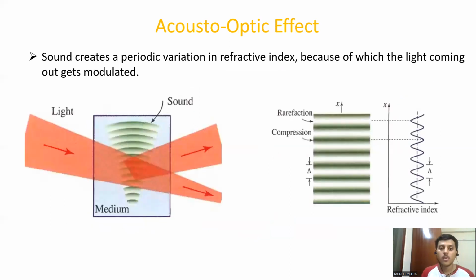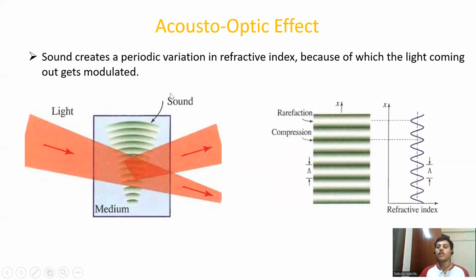So here we can see the acousto-optic effect. Sound waves can be used to create a periodic variation in the refractive index of some medium. Because of this periodic variation, whenever the light strikes that medium, that light gets split out because of the variation in the refractive index created by sound.